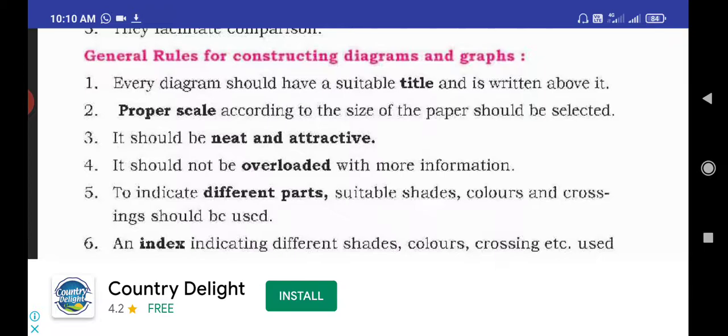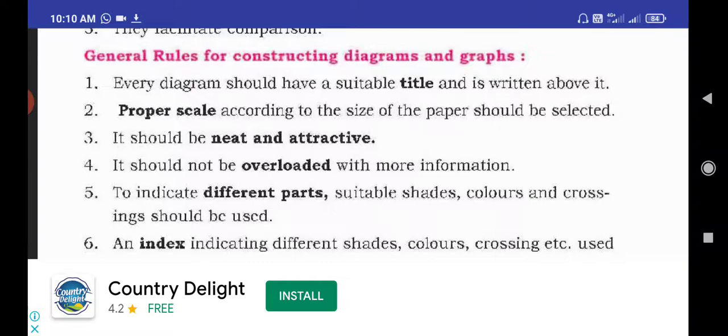If you are drawing any diagram, you must write a suitable title. Title means name. We have to write it above the table or above the diagram. So that is the first rule.